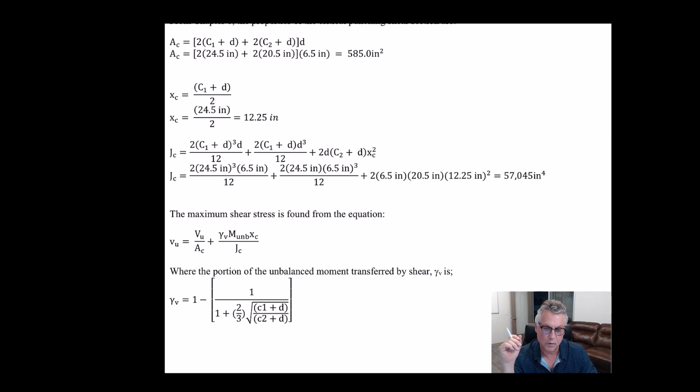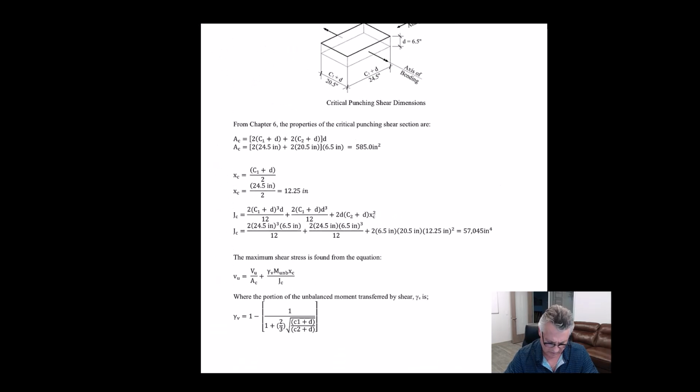We get that from the moment distribution. What the code says is you're only required in these punching shear analyses to account for a portion, a percentage, of that unbalanced moment in the shear stress. The remainder is taken by flexure in a flexural stress.